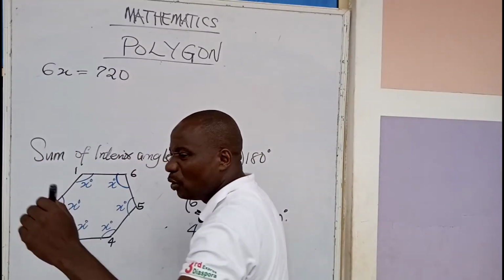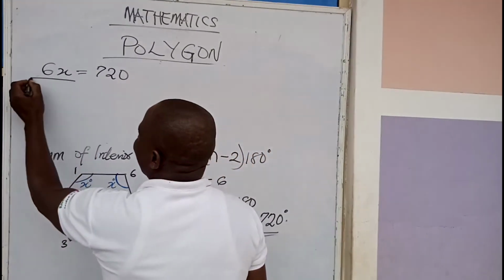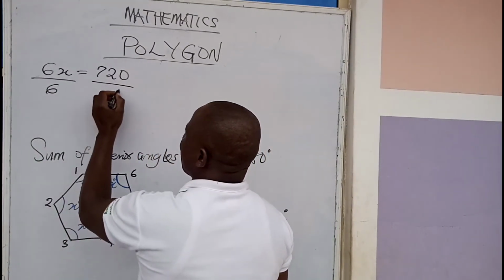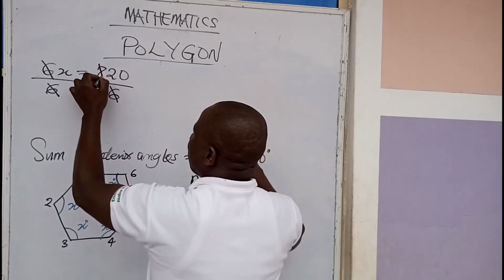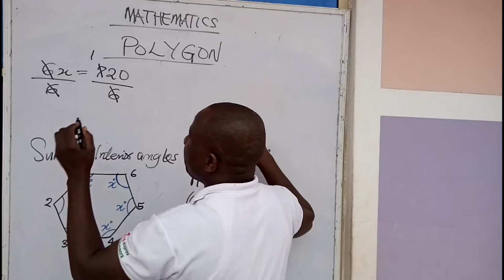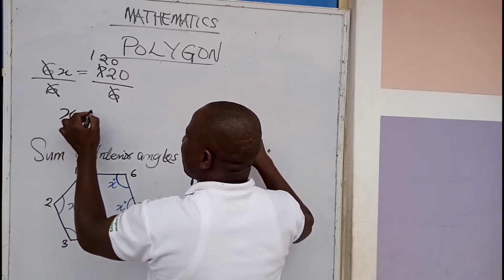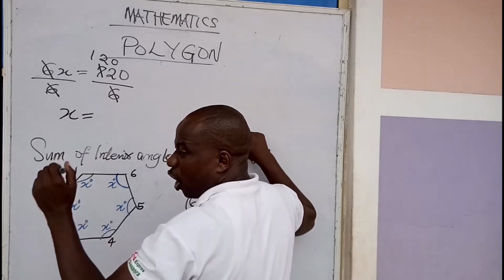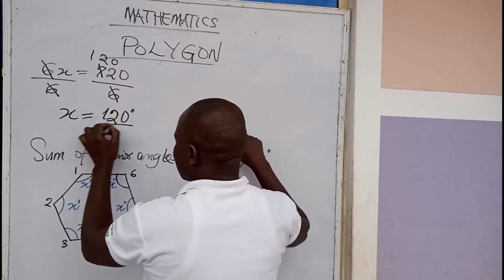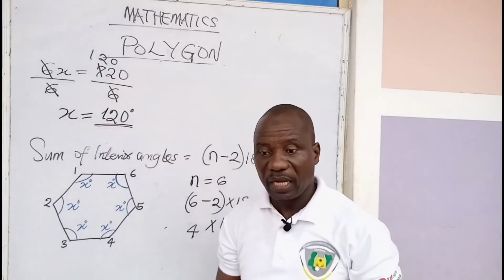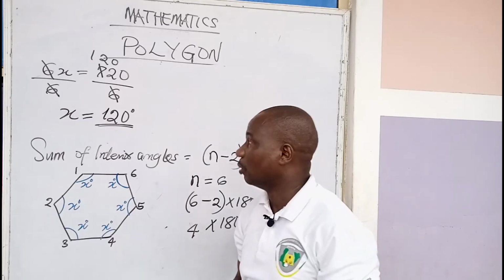So let us find what each angle represents. I divide through by 6. This cancels this, 6 here, 1. It remains 1, 2, 0. So each interior angle of a hexagon is 120 degrees, because it is a regular polygon. Is that understood?